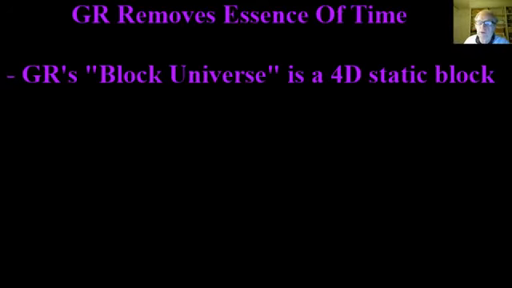So basically, everything's fine with general relativity's time dilation, but, and here's the key point for this talk, as a segue to our next section, which will be talking about going beyond relativity in terms of how to treat time. General relativity's block universe of space-time is a four-dimensional static block.